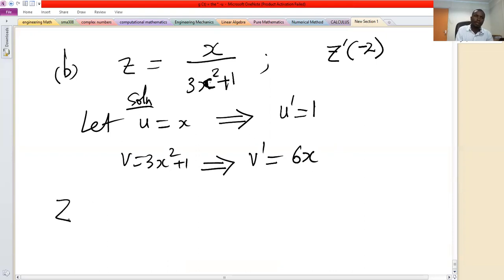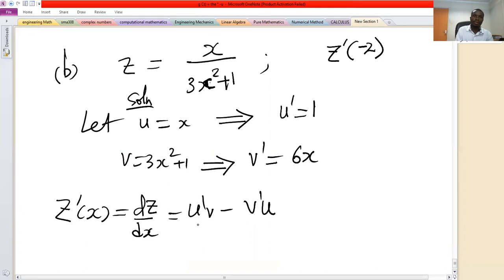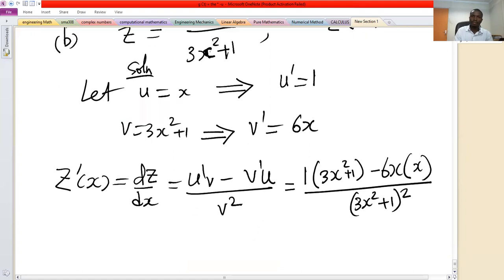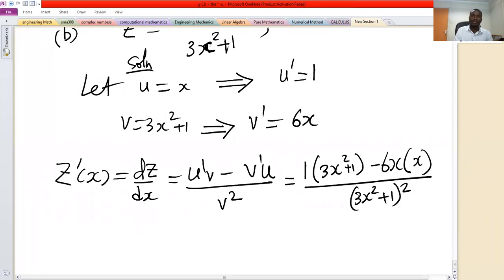So z prime of x, the same as dz/dx, is (u prime v minus v prime u) over v squared, which is 1 times (3x squared plus 1) minus 6x times u, which is x, divided by (3x squared plus 1) squared. And then you simplify the numerator.